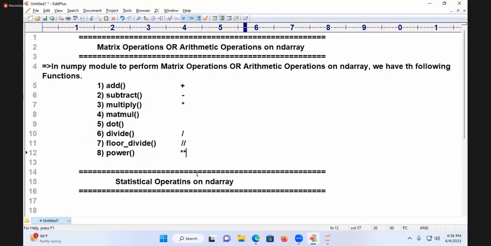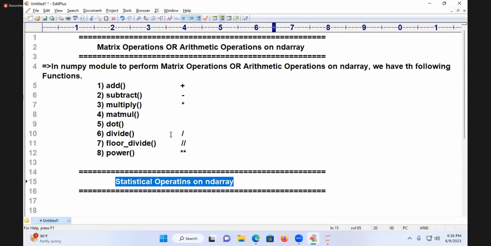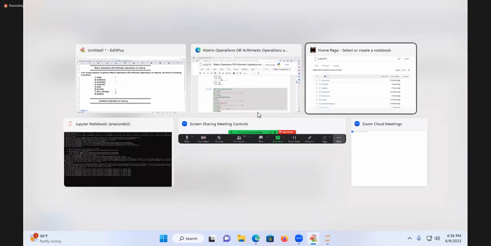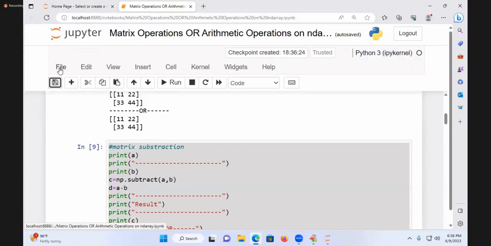Next, I would like to go for statistical operations on an ND array. Statistical operations are very important. All are important. You'll come across them in our data science programming. NumPy is mandatory for everybody to remember. Now let us move to one more type of thing. I'll go to the next file. Let us save everything.